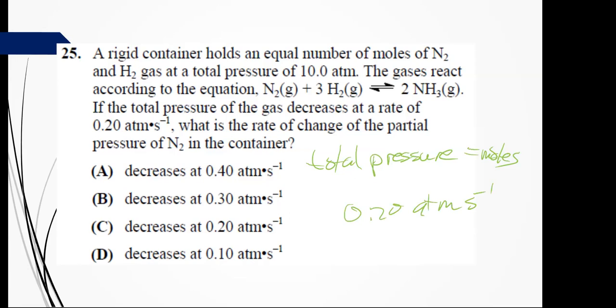Why do we see a decrease in pressure as this reaction continues? Is it because the N2 is being used up? It's not just that the N2 is being used up, right? If we look at the equation, do we have more moles of gas on the left or on the right? Left. We have more on the left.